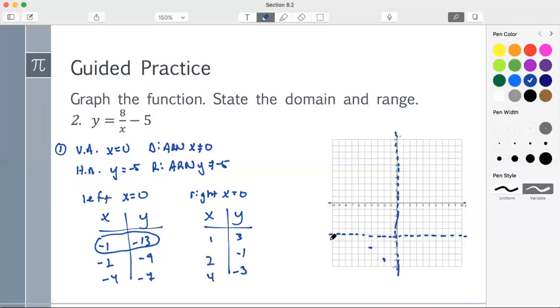And we know the general shape of a hyperbola goes through those points and towards those asymptotes. We got 1, 3. We've got 2, -1, and we've got 4, -3. We know the general shape goes towards those asymptotes, and we're good to go. And there is step 2, and then there is step 3.